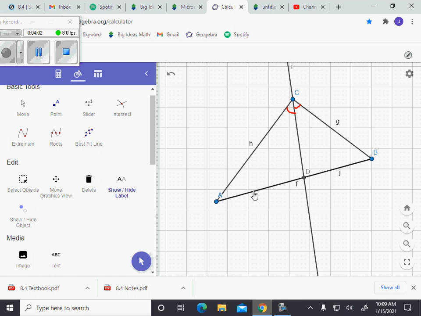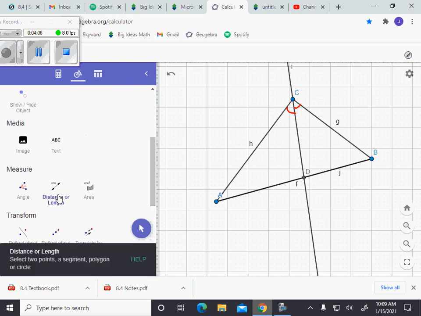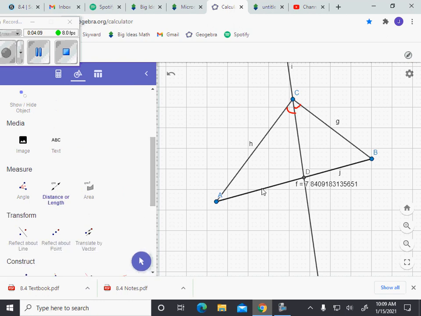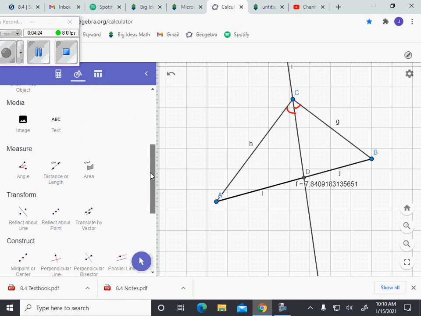Scroll down a tad, there we go. I want to find the distance of that.